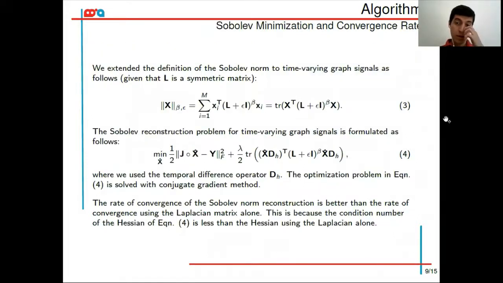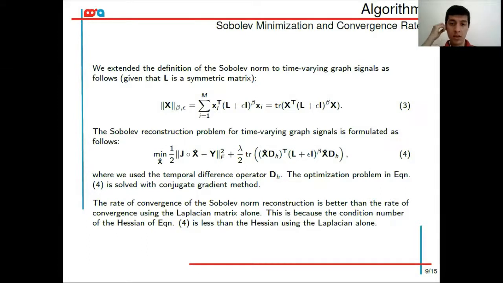And now, our algorithm is the minimization of the Sobolev norm of time-varying graph signals. We extended the definition of Sobolev norm for the time-varying graph signals as this equation 3.